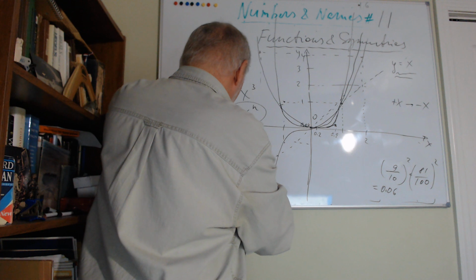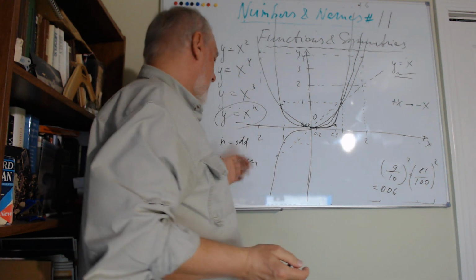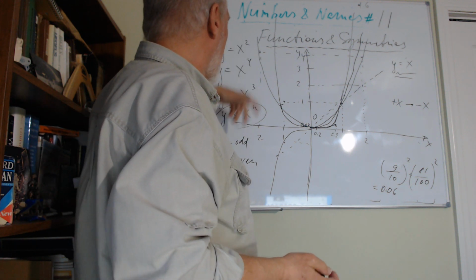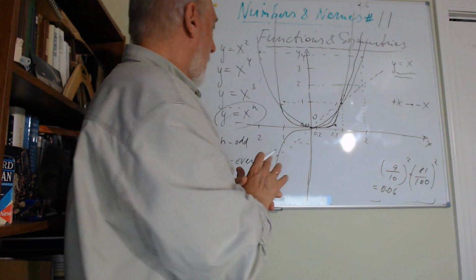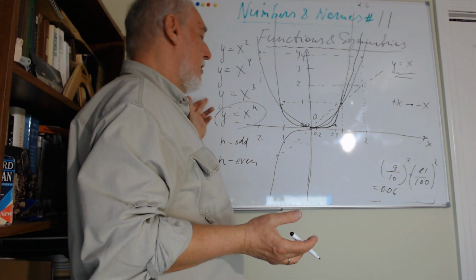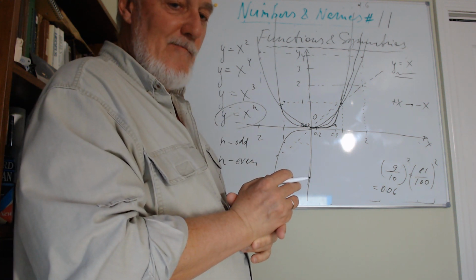Yeah, even. For even, let's go from the opposite. If we have n even, like 4, 8, whatever, when we change x to minus x, will y change sign or not?